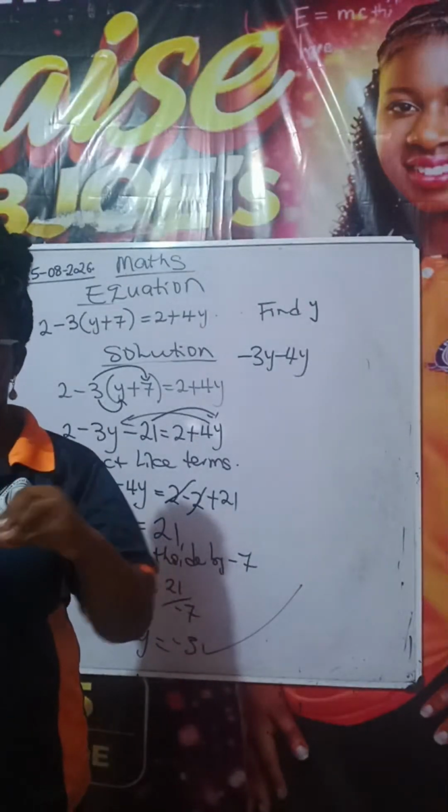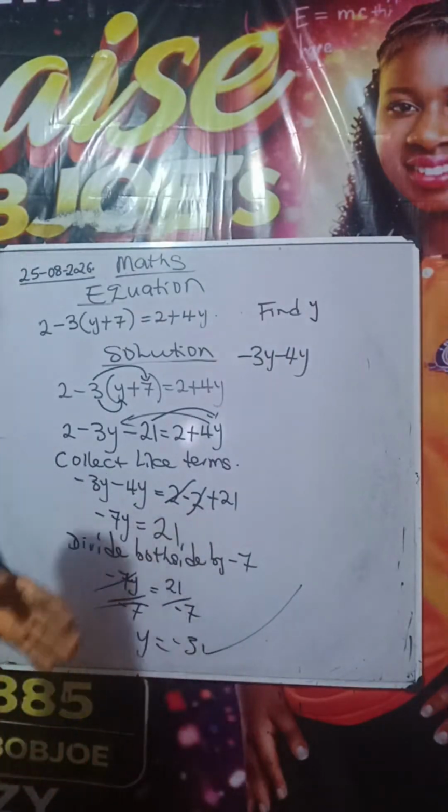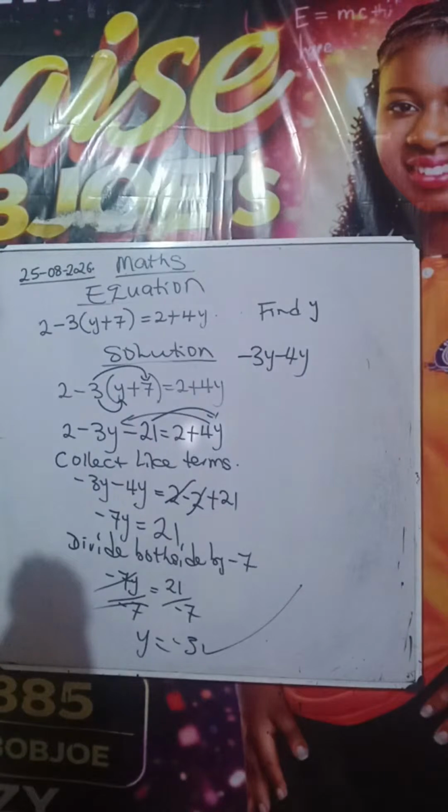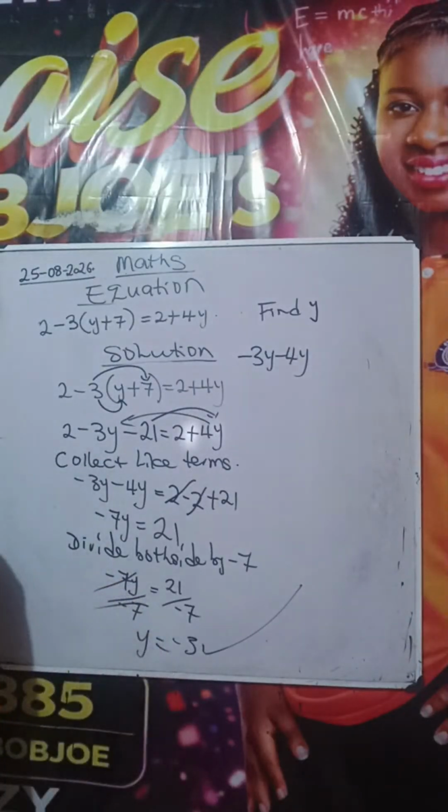Ask a question. Tell me the place that is not clear, then I'm going to explain it to you. So no question. All right. Thank you so much, guys. As we try the next question, kindly take your screenshot. Make sure you are writing. Either you copy it down or you take your screenshot.